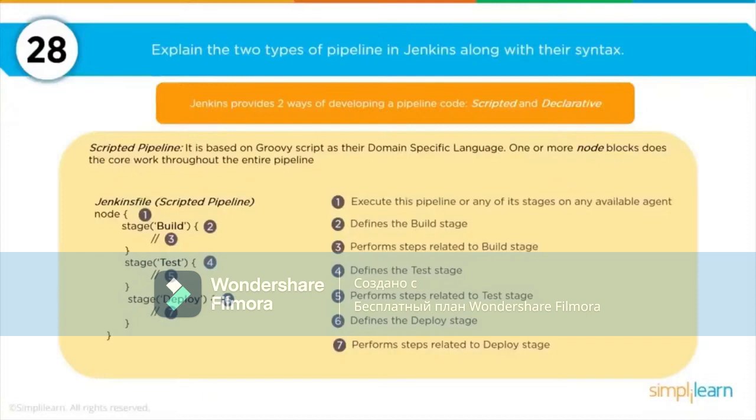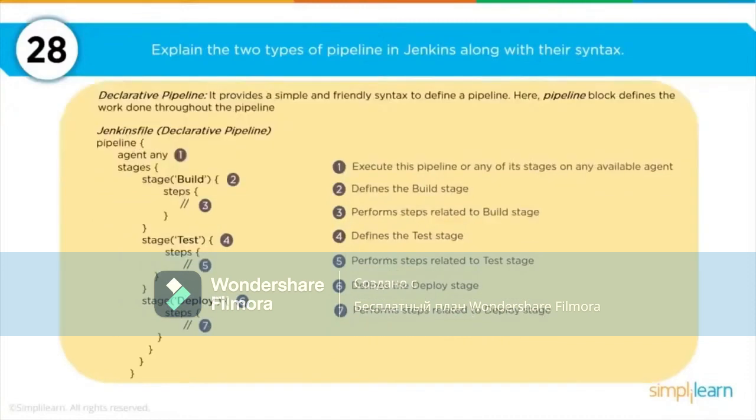On the left side you can see the actual script, and on the right-hand side the actual representation of that. The second is the declarative pipeline, which shows how a pipeline syntax should look, and you can use blocks to define the complete pipeline.